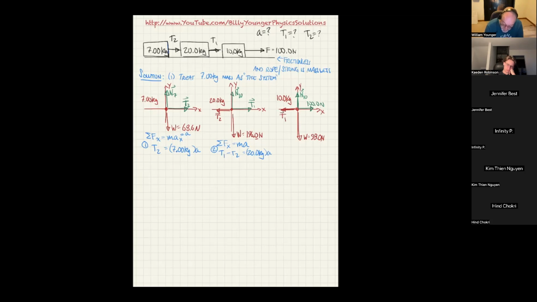So again, I start off with my summation of forces in the x direction equals mass times acceleration in the x direction. In this case, I get 100.0 newtons minus T1 is equal to 10.0 kilograms times A, and that's going to be equation 3.